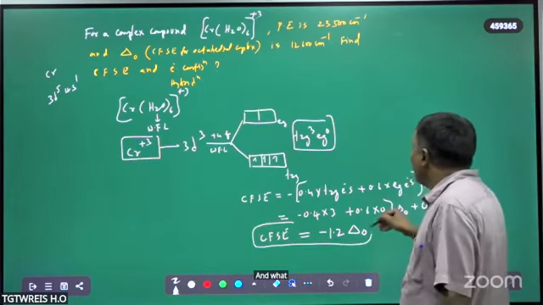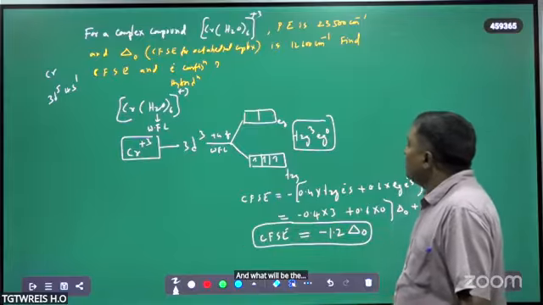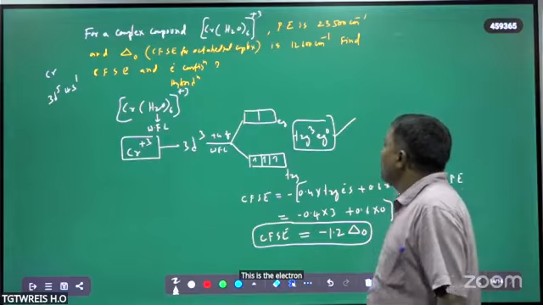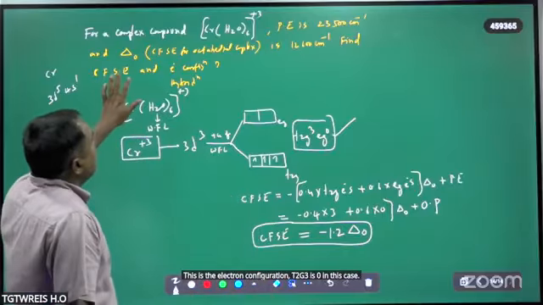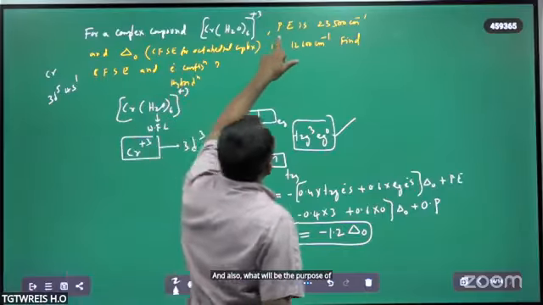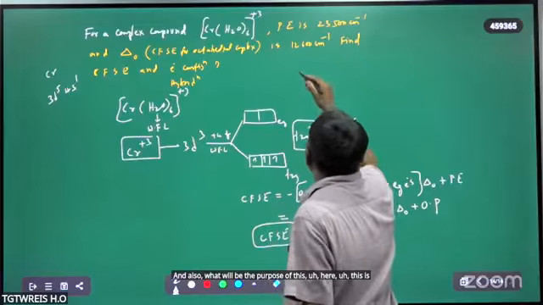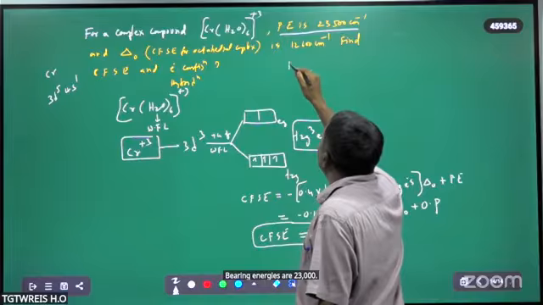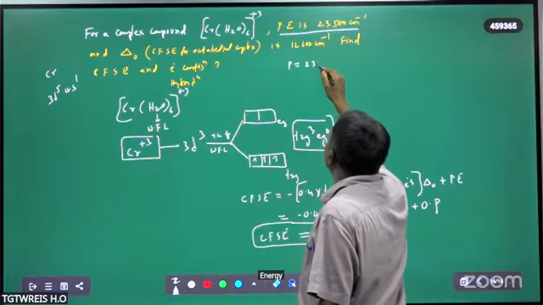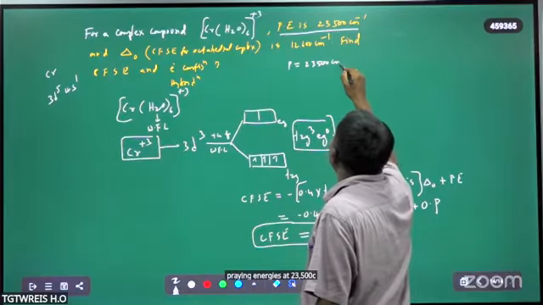And this is the electron configuration, t2g3 eg0 in this case. Also, what is the purpose of this? Here, the pairing energy is 23,500 cm⁻¹, which is given.